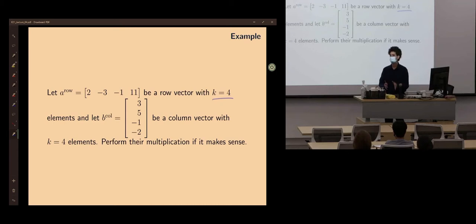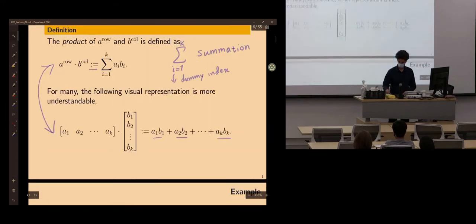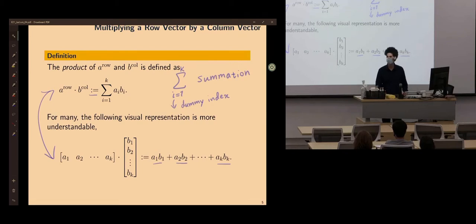Now, first of all, one question nobody asked: why do we have the same number of elements? Couldn't we define it in another way?